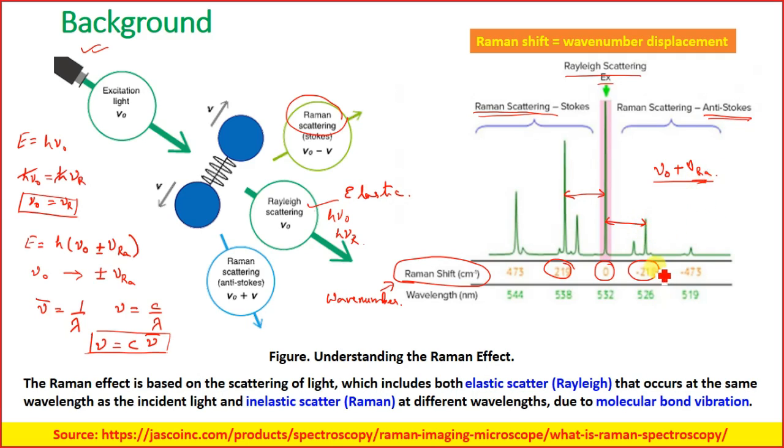Now the anti-Stokes lines have higher energy. If you see the wavelength, it is reducing. When the wavelength is reducing, as we move from left to right, that means our frequency will increase from right to left.